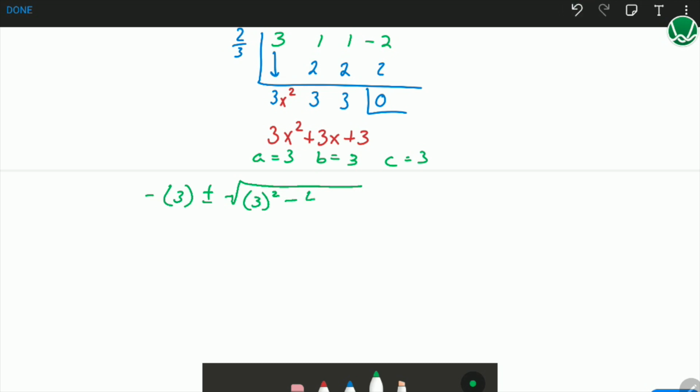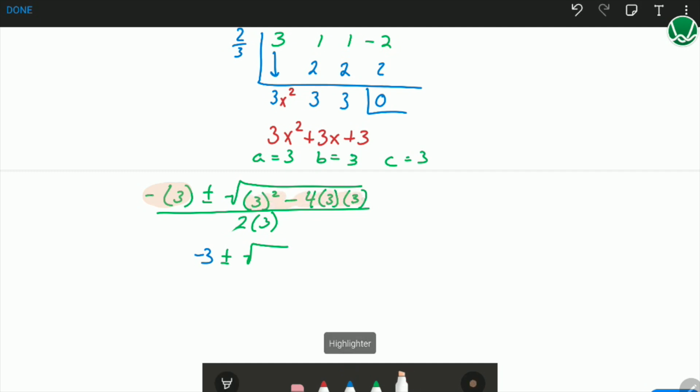There we go. Minus 4ac, so 3 times 3, all over 2a. There we go. So the same three things I always tell my students to do. Deal with that negative. Plus minus, the square root. If you're using a calculator, just type all this in at once.